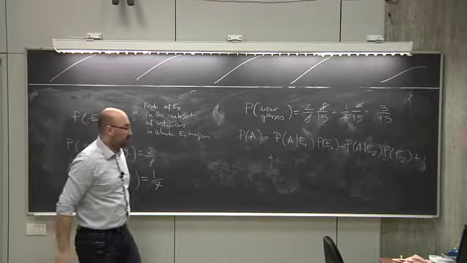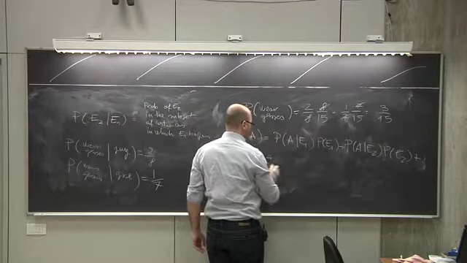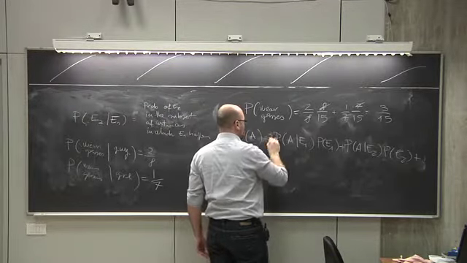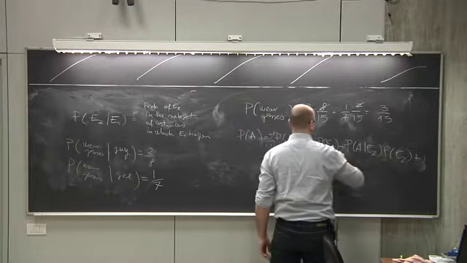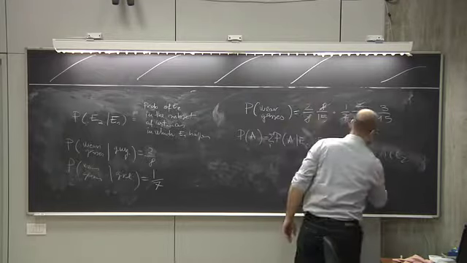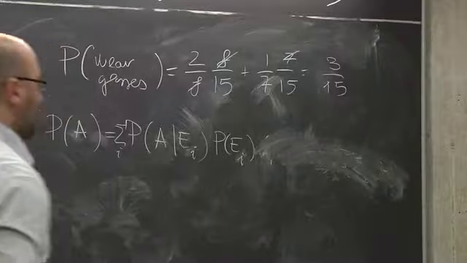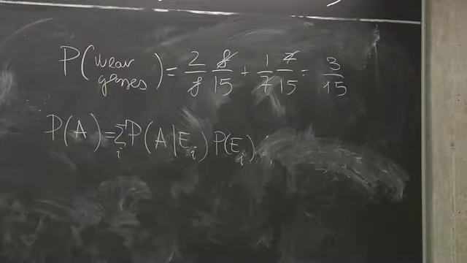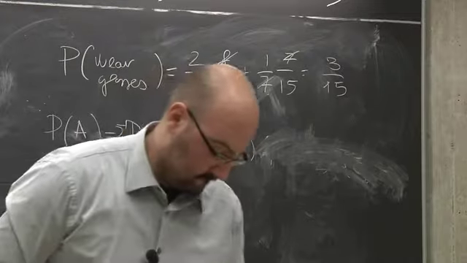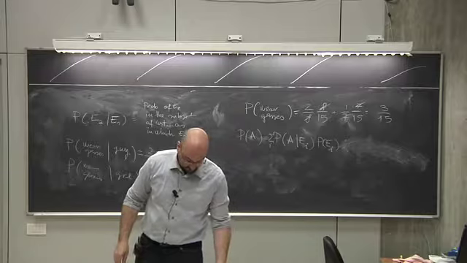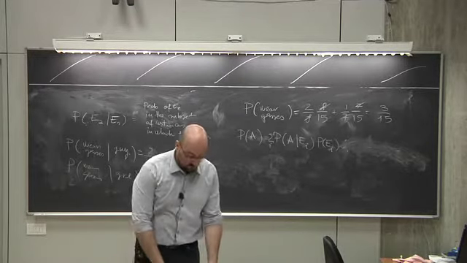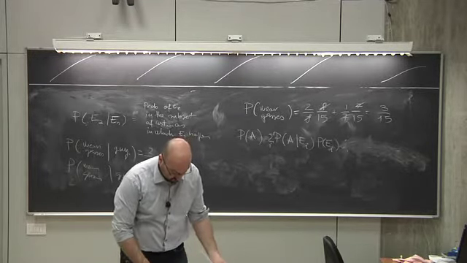So let me write this as a sum over i of P(A|Ei) P(Ei). Okay, let me stop here and we'll continue tomorrow.